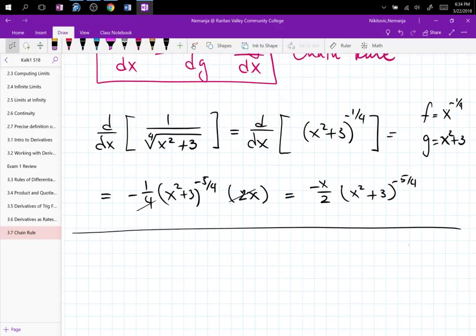All right. Let's take a look at this example. Sine squared of x cubed. See what you can do with that. Sine squared of x cubed.